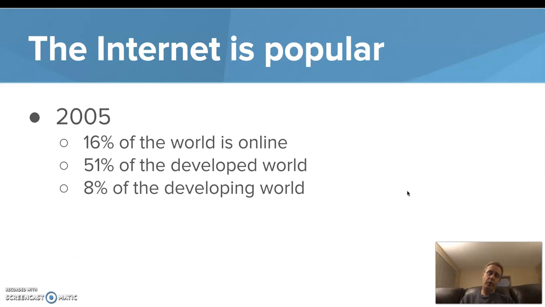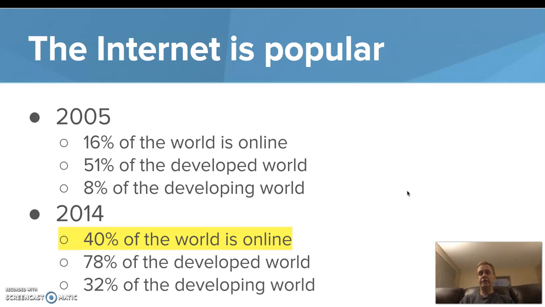Now, over time, the internet has slowly grown to what it is today. In 2005, when pretty much all of you were very, very young, only 16% of the world was online, and you'll notice here that more of the developed world had access to it than developing worlds.